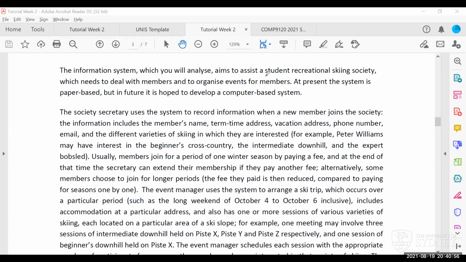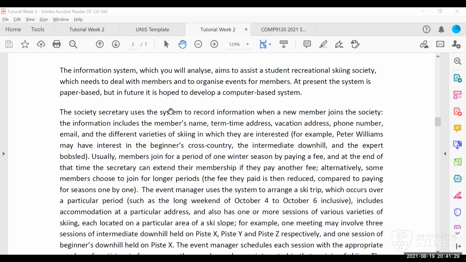It's aimed to assist a student recreational skiing society, which needs to deal with members and organize events for members. Okay, so about a system dealing with members and organizing events for members. At the moment the system is paper-based, so there's no system today. It's basically all recorded on paper. But in the future, it's hoped to develop a computer-based system.